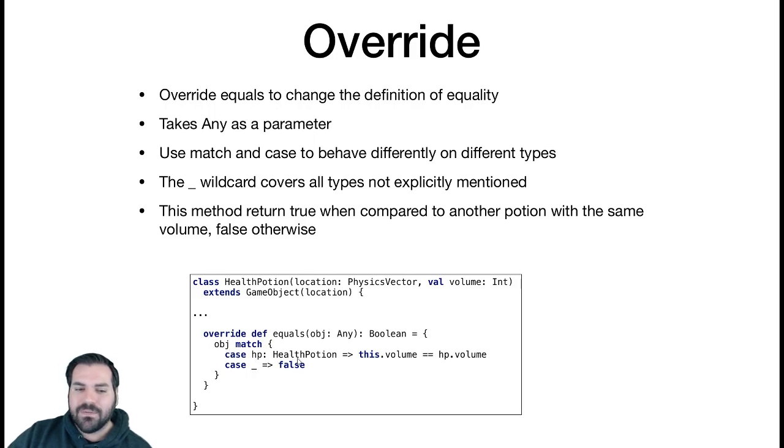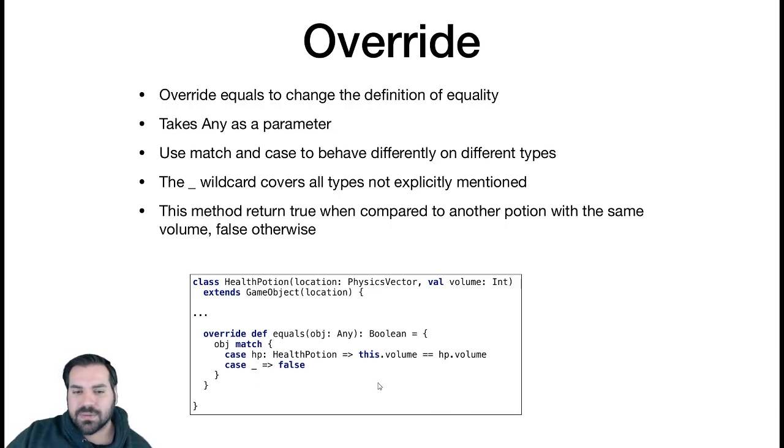We're going to say if we're given a health potion, then say these are equal if they have the same volume. We're going to check the volume of these. And if it's not a health potion, if it's any other type, return false, where underscore is a wild card in Scala, like a star in other languages. And yeah, Scala really likes arrows.